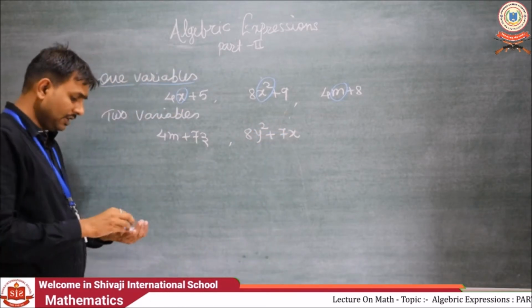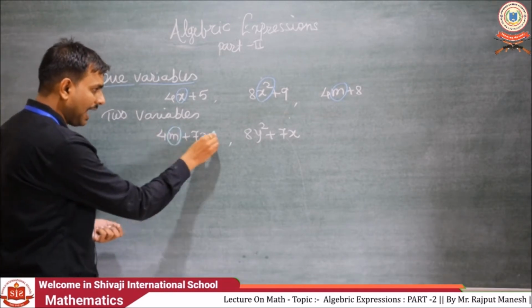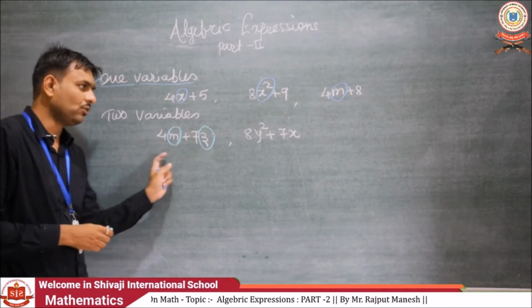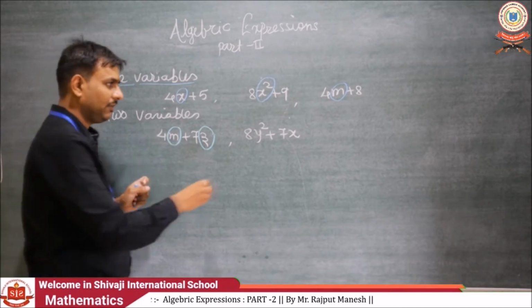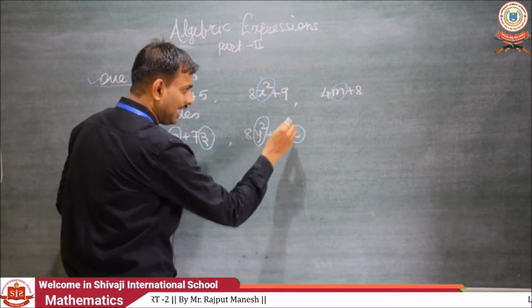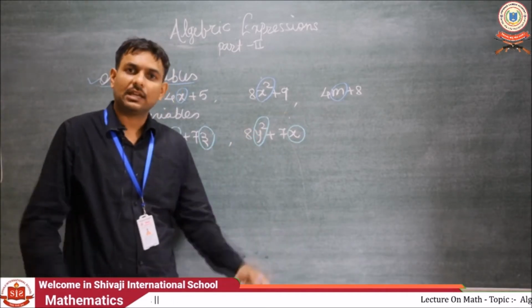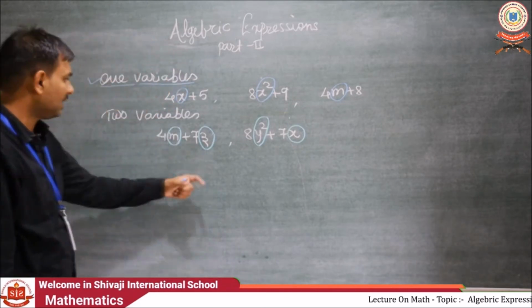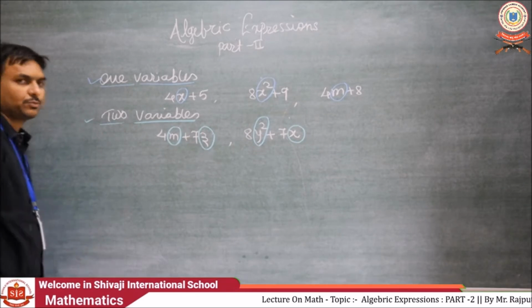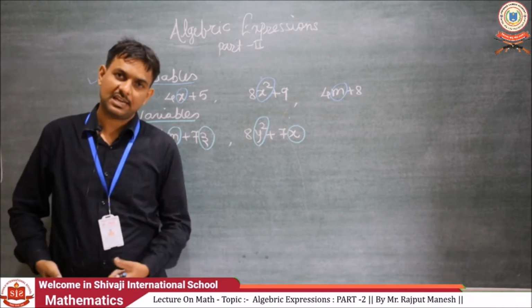Now here, m and z, we have used two variables in only one expression. Fine? Here also we have used y square and x. So two different variables are used in one algebraic expression. Such expressions are called two variables algebraic expressions. As the name itself says, that is what one variable and two variables mean.